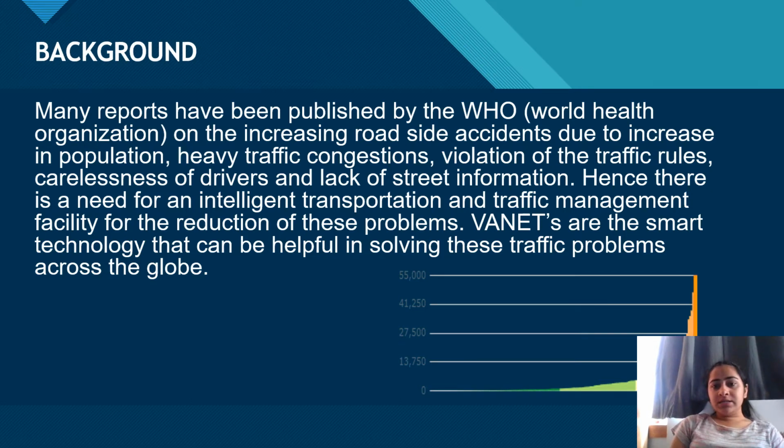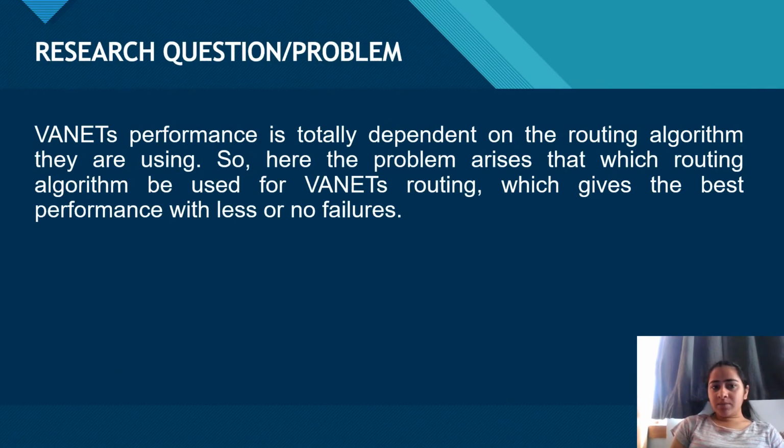The next slide is about the research questions and problems about the Vanets. Vanets' performance is totally dependent on the routing algorithm they are using. So here the problem arises: which routing algorithm is useful and which algorithm should be followed by us according to the architecture or structure, and which gives the best performance with few or no failures.